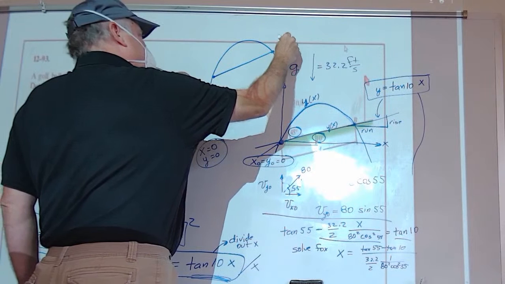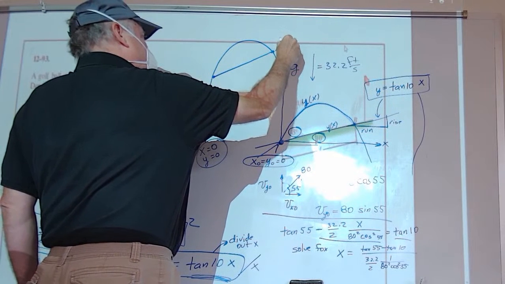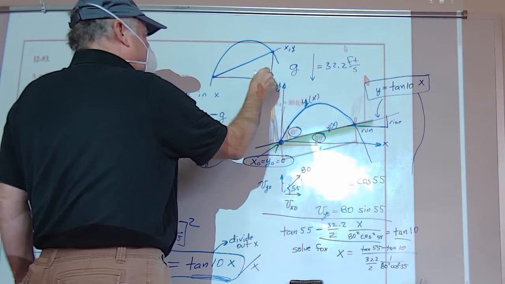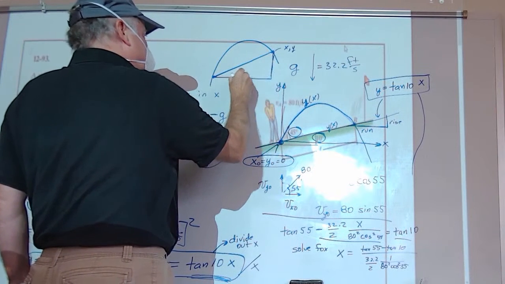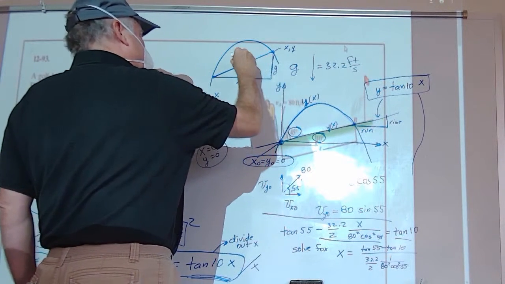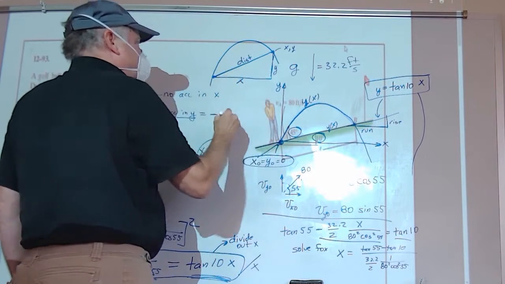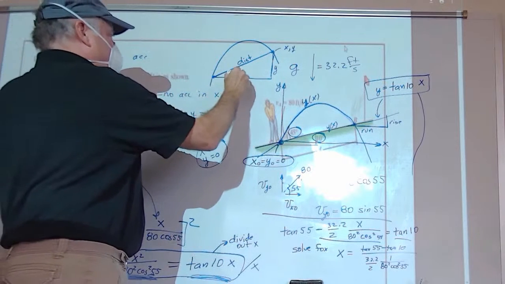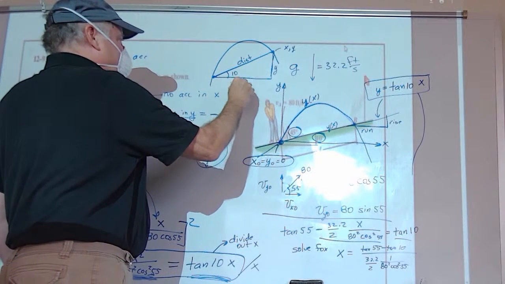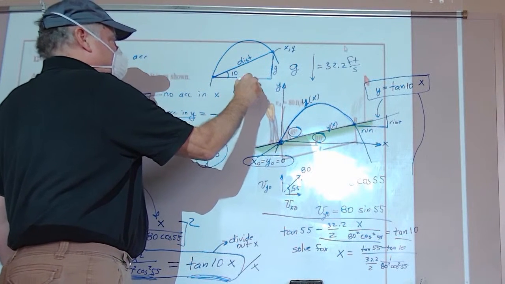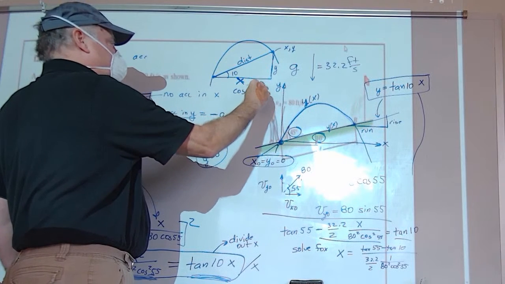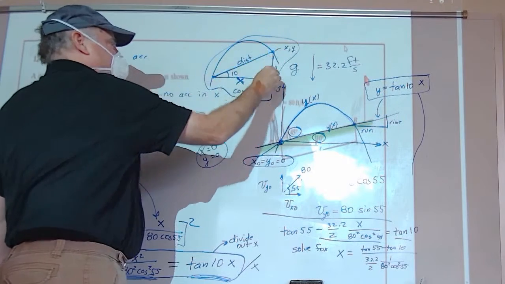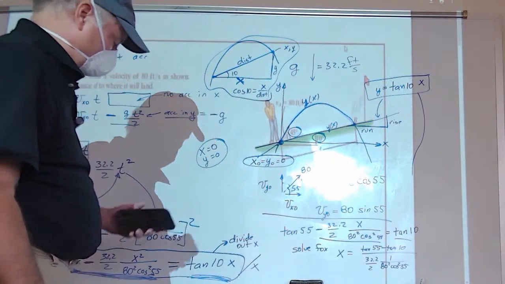You just got the X. With that, you can also get the Y, or you can just say, hey, I want to know the distance. This is the X, this is the Y. What is the distance? And you could use the 10 degrees, and in this case, you'd use the cosine. In other words, cosine of 10 degrees is equal to X over the distance. And that would be one way of finding that distance without as much trouble.